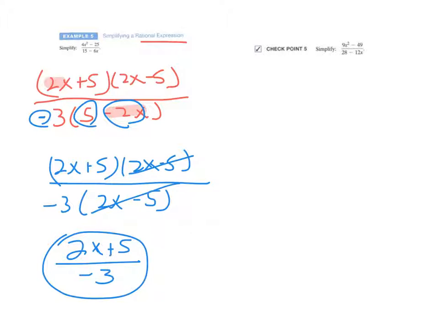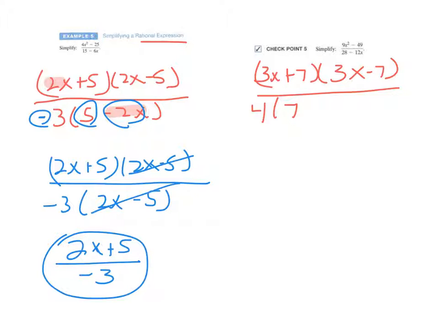Let's look at the next one. Same idea. If we look at the top, that's a difference of squares. So that's 3x plus 7 and 3x minus 7. In my denominator, I have a 4, which is my greatest common factor, which leaves me 7 minus 3x. Once again, if you look, this is the opposite of those.